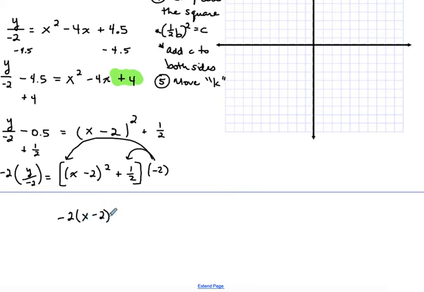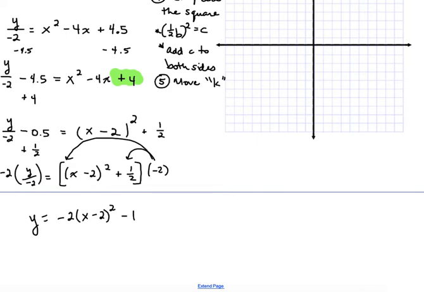I'm going to leave that squared term intact because that was the goal. Then I'm going to distribute this negative 2 to this value here. So negative 2 times positive 1/2 is negative 1. So y is now equal to negative 2 times the quantity x minus 2 squared minus 1.